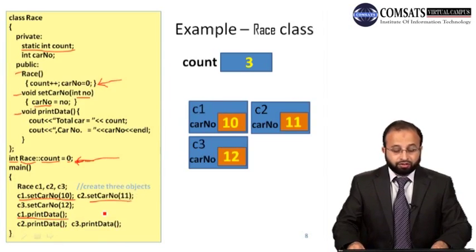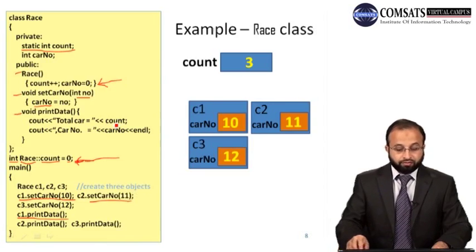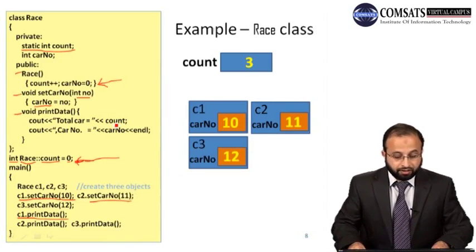And then we have a print data function. So C1 dot print data, you're going to print the data, right? When you go to the print data function, it will display total car is equal to count. So it will display the total cars, and total cars are 3 because we created 3 objects.